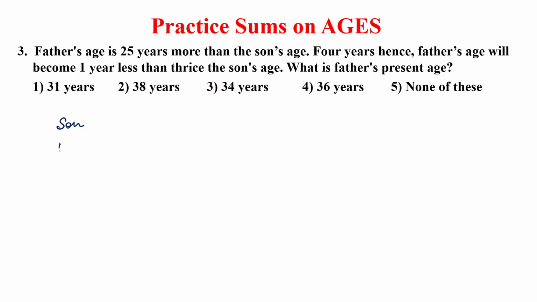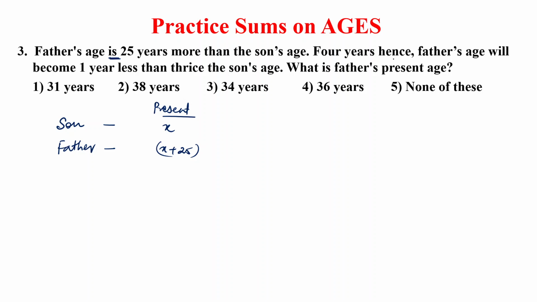Son's age and again father's age. And this is present age. Why? Because in the question, wherever 'is' is there, it means it is going to be present age, right? Okay, so present age. So son is, suppose, x years. So father's age is 25 years more. That means x plus 25.